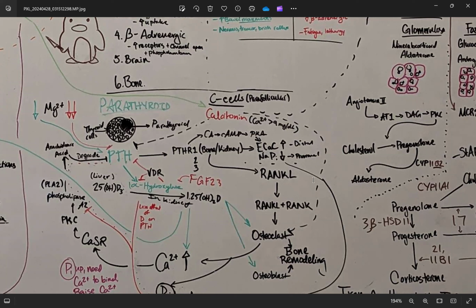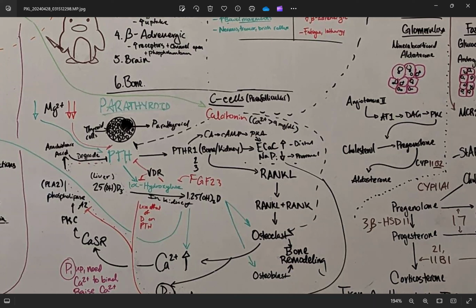You also have activation of vitamin D. Vitamin D is activated from its inactive form, 25-OH-D3, which is created in the liver, into its active form, 1,25-(OH)2-D, which happens in the kidney.